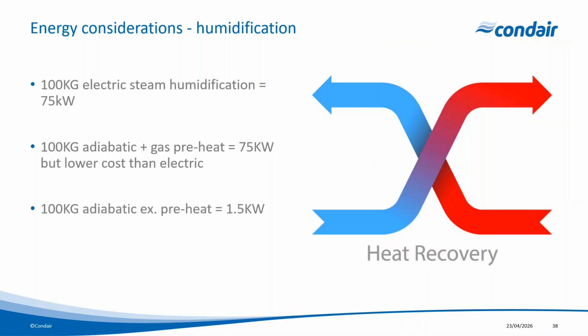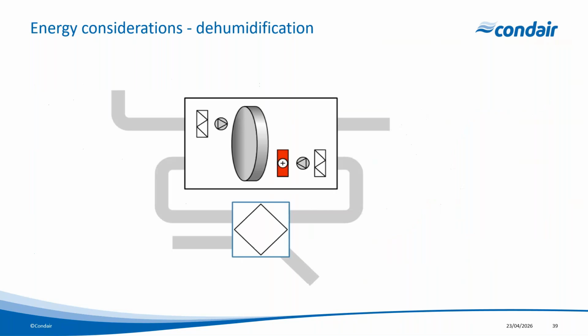But if we're doing it with free heat, then all we're running is some small pumps and valves. So that 100 kilograms would be down to 1.5 kilowatts. So it's really important to understand the system we're using and what the effects are. And of course, understanding that electricity is from sustainable sources.